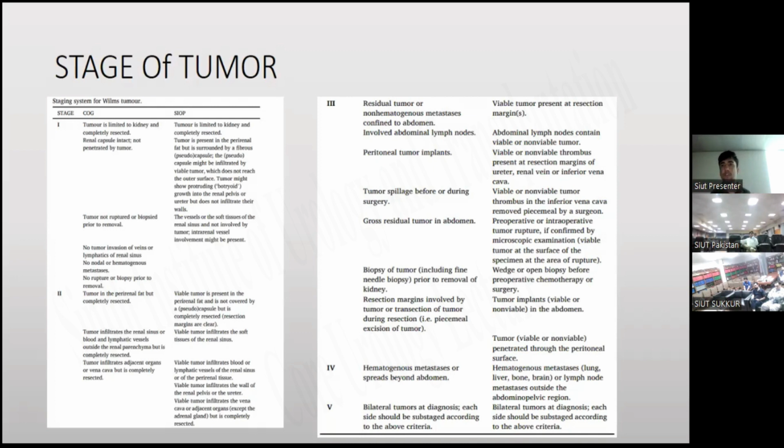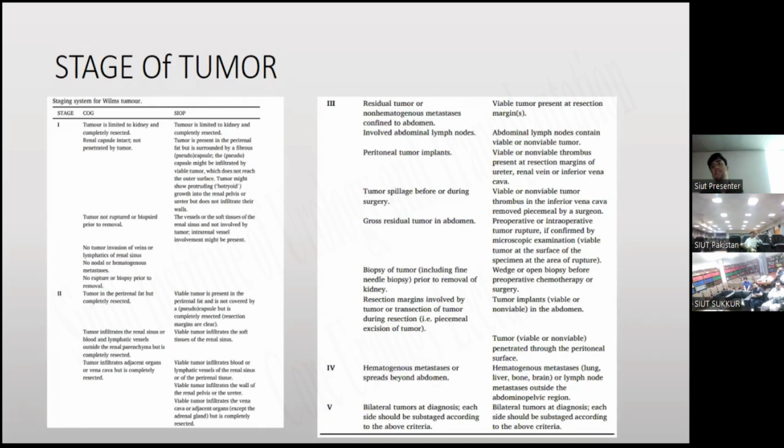So the staging here is based on the pathological findings after the chemotherapy, once you are done with the surgery. The specimen you take out basically decides the stage. Because you give pre-op chemo, the disease will downstage, and then you do surgery and you may not be able to find any tumor.